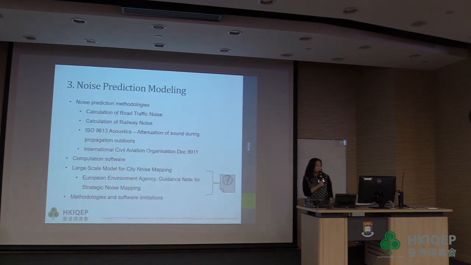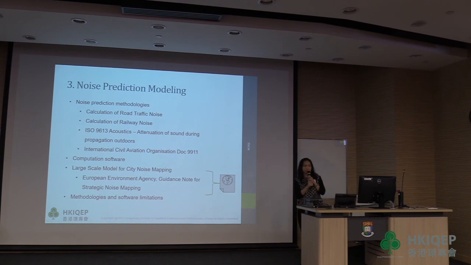Like for noise prediction methodologies commonly adopted in Hong Kong, including the calculation of road traffic noise when we are assessing the road traffic noise impact, and the calculation of railway noise when we are doing the railway noise impact assessment, and ISO 9613, acoustics, attenuation of sound during propagation outdoors.